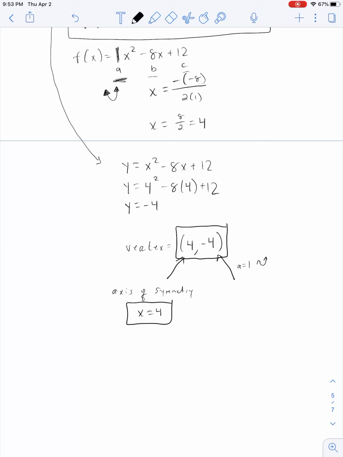And when it opens up, we talked about this earlier, this is our minimum, which is a negative 4. But we're graphing this, right? And on your homework, they're going to want you to graph using 1 point, 2 points, or 3 points.